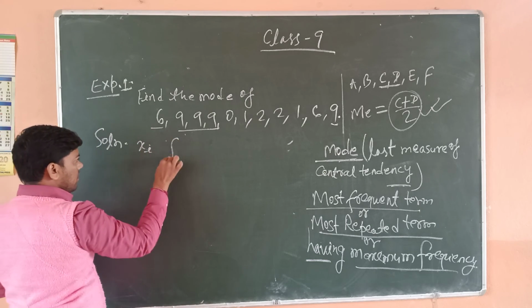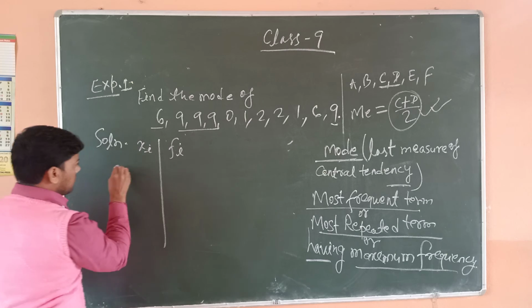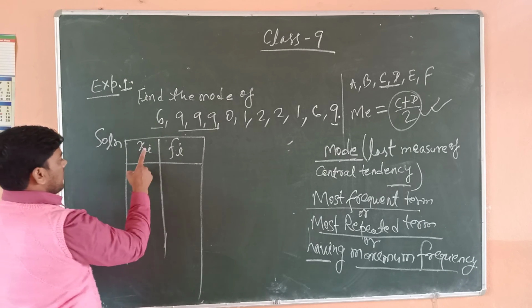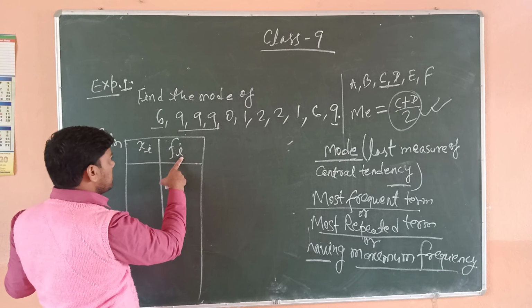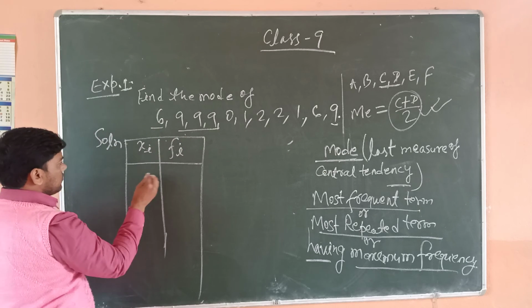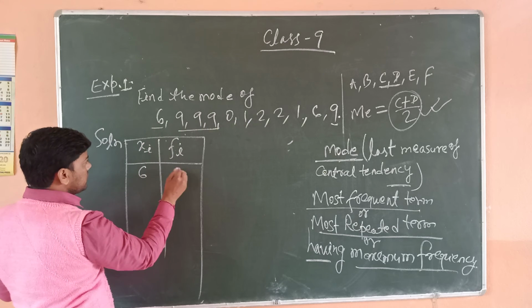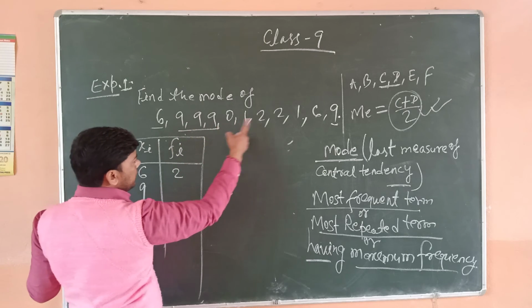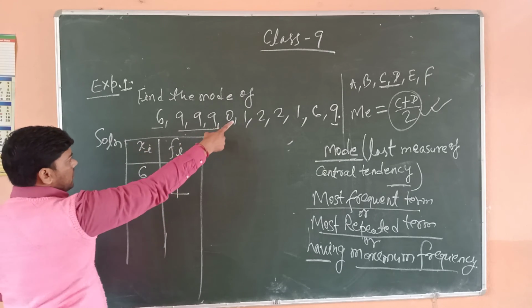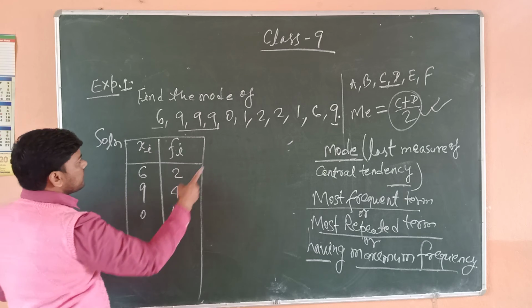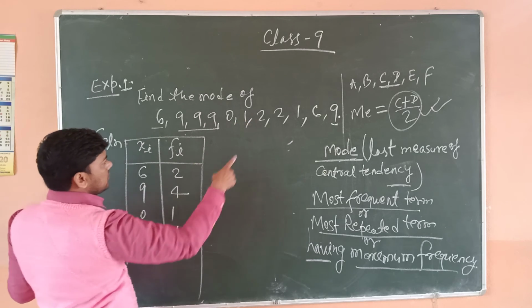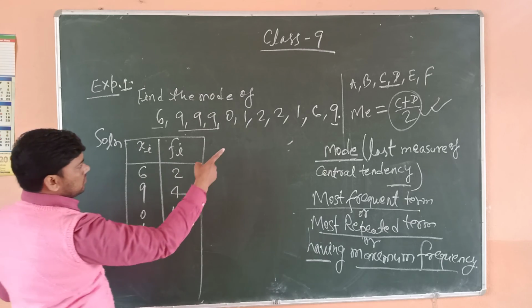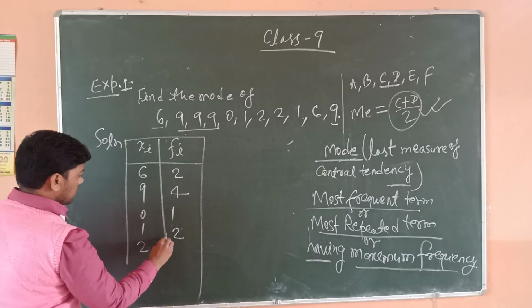Xi is the observation, Fi is the frequency. 6, frequency 2. 9, frequency 4. 0 occurs one time, 1 occurs 2 times, 2 occurs 2 times.